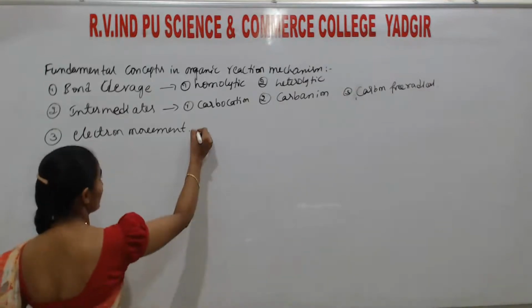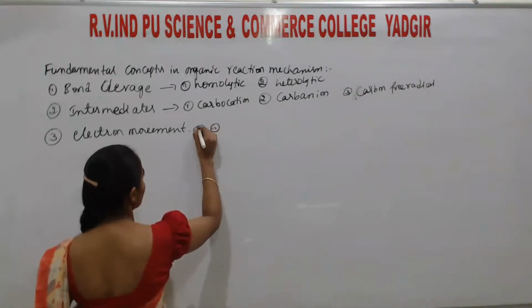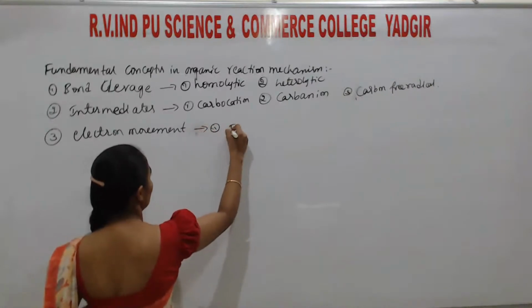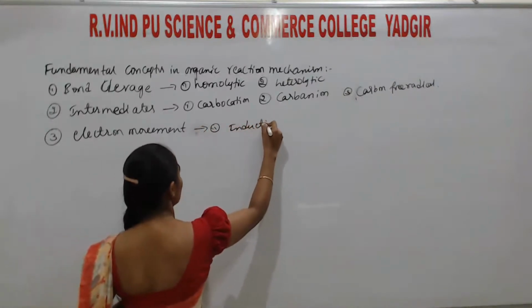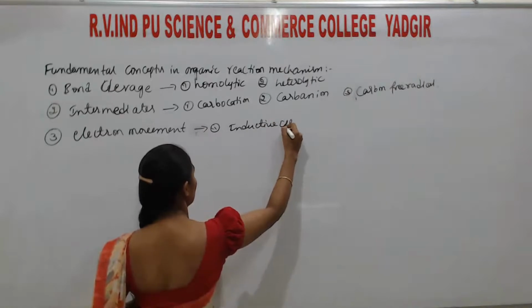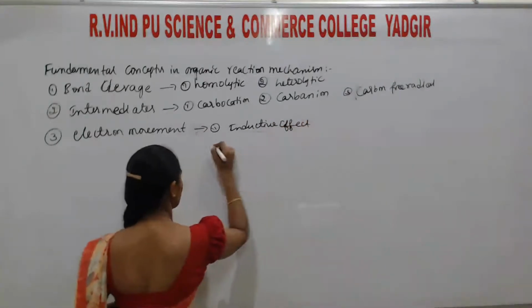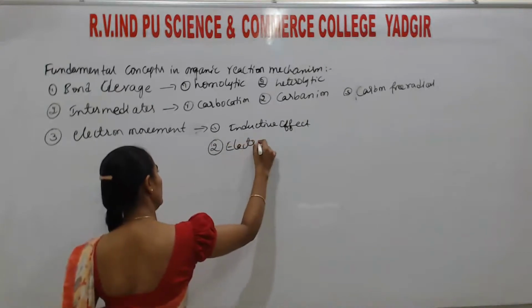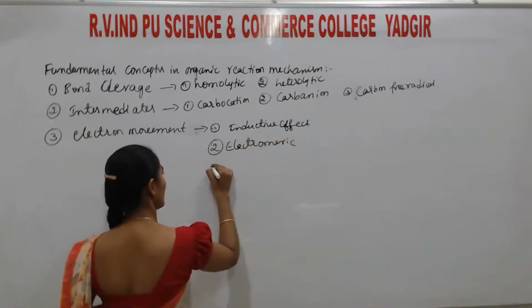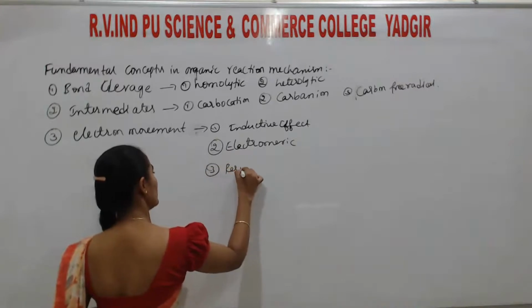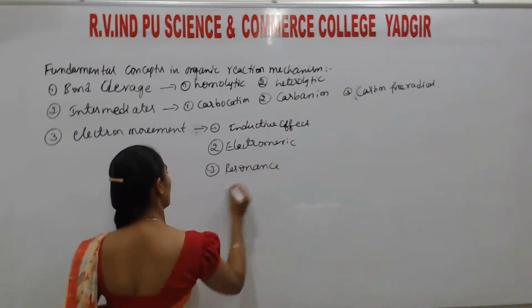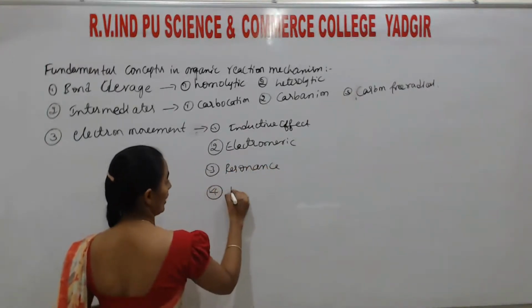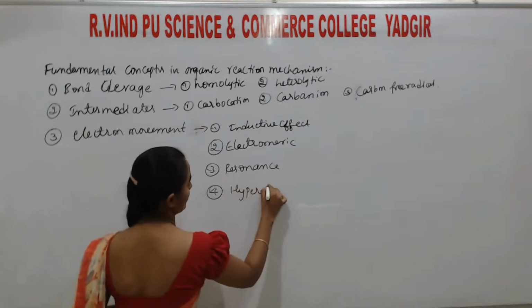Okay, so in electron movement, the first one is inductive effect, second one is electromeric effect, third one is resonance, and the fourth one is hyperconjugation.